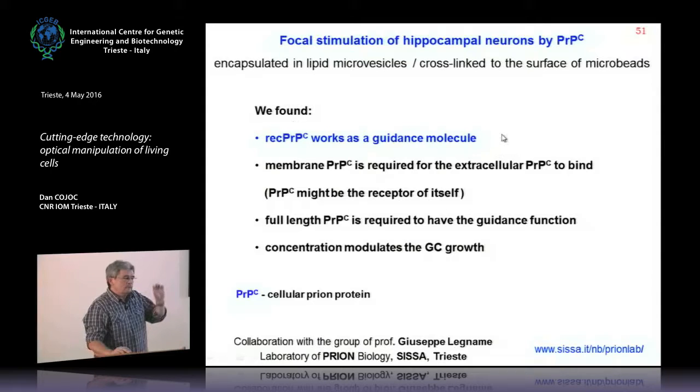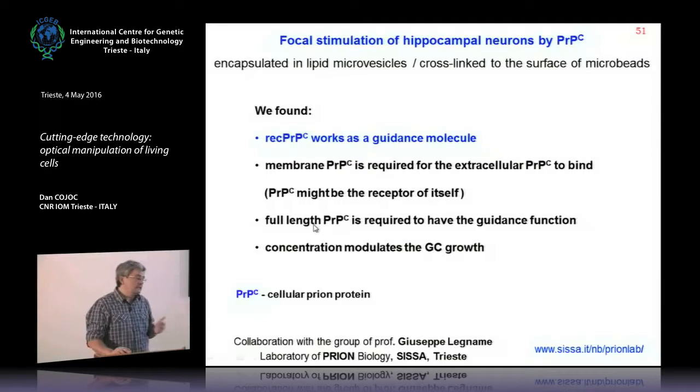So we encapsulated recombinant PrPC in liposomes and delivered it to neurons, and we found that PrPC behaves as a guidance molecule, which was not very clear before. Also, membrane PrPC is required for the extracellular PrPC to bind, which means that PrPC might be the receptor of itself.